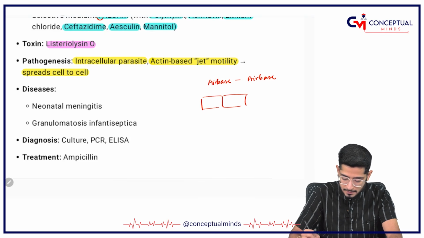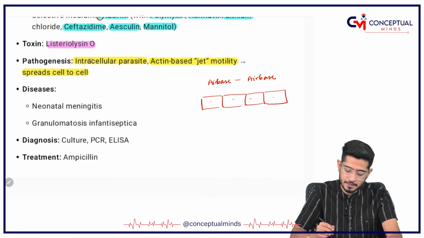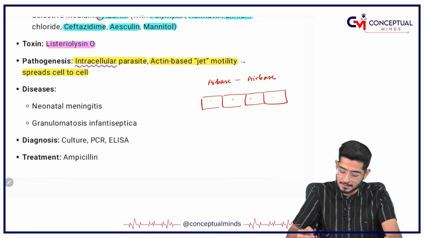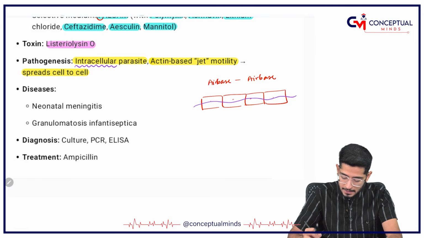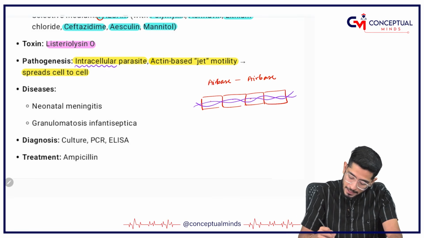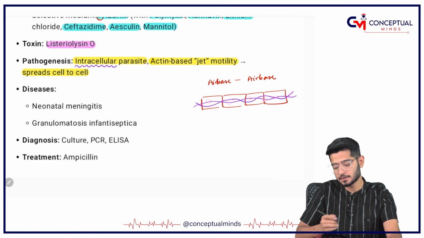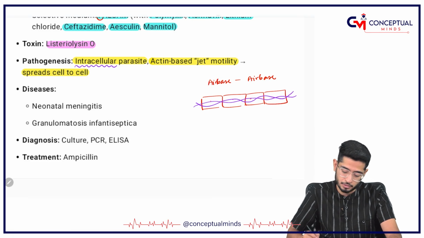For example, these are the different cells which I have tried to show you. Because it is an intracellular parasite, it can't come out of these cells. So what it does, it takes hold of the actin filament, and via the actin filament it is going to go from here to here to here. So this is the way it is supposed to go.